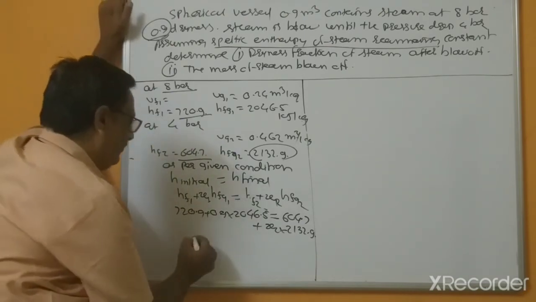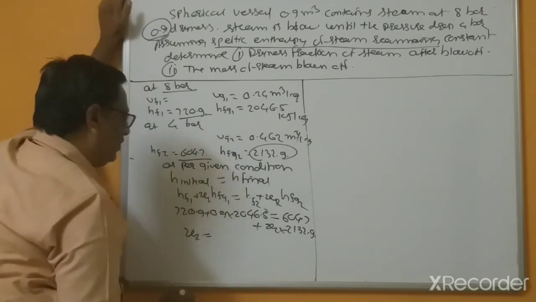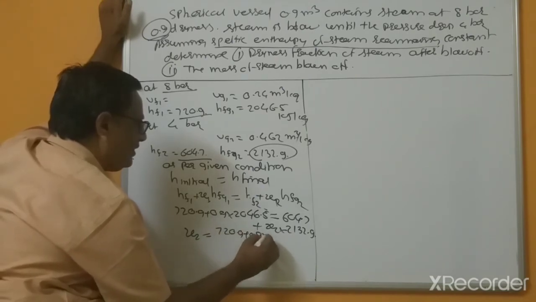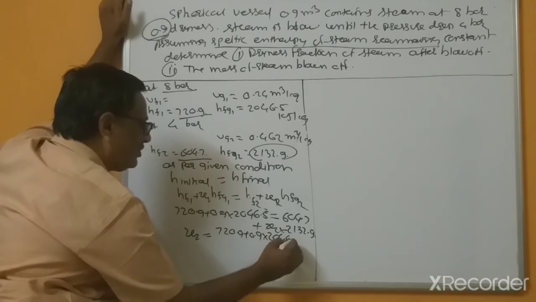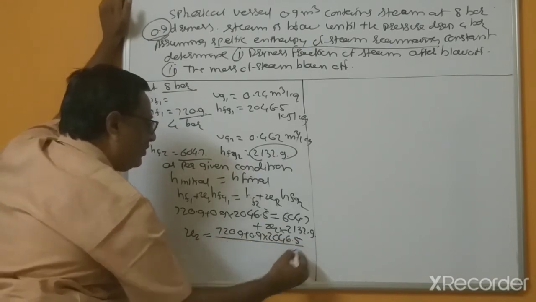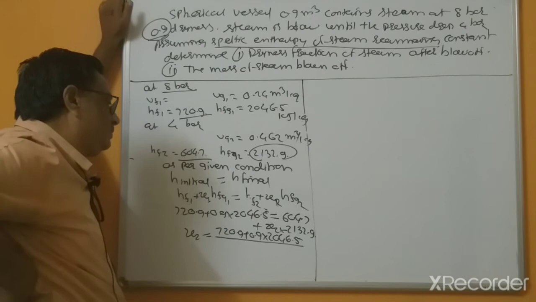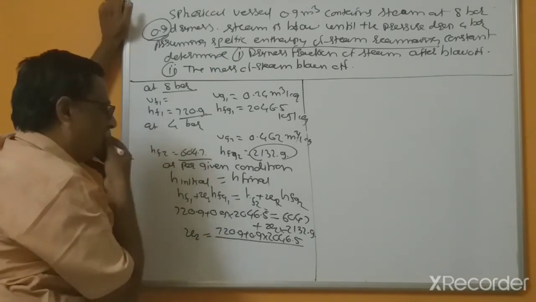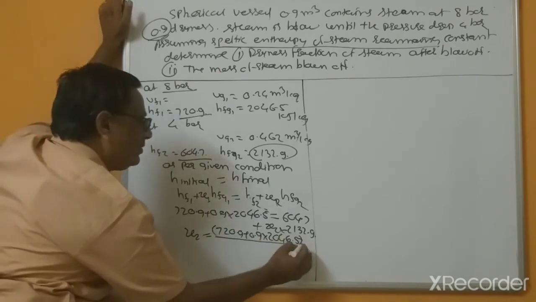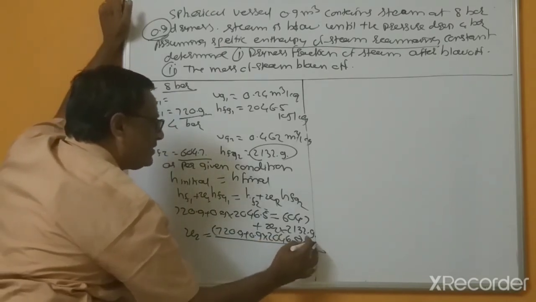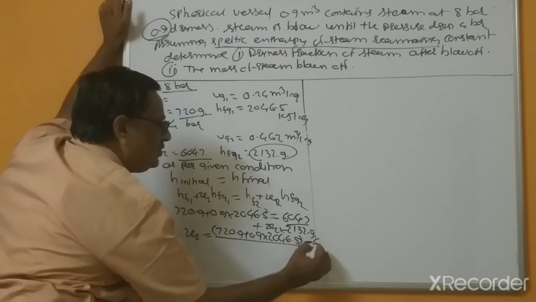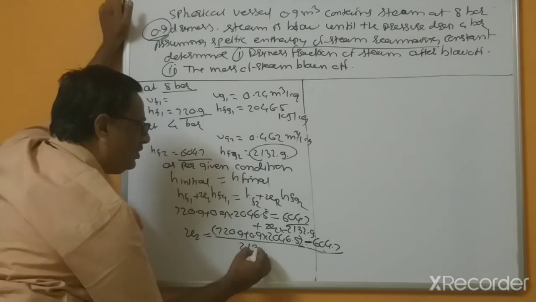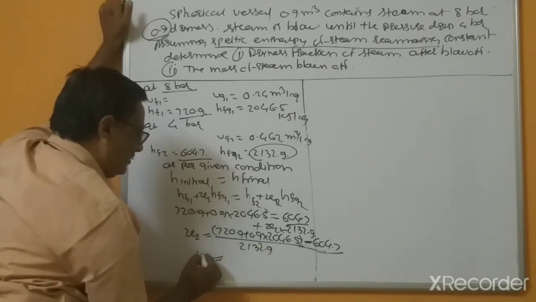So x2 equal to 720.9 plus 0.9 times 2046.5, minus 604.7, divided by 2132.9. Correct?